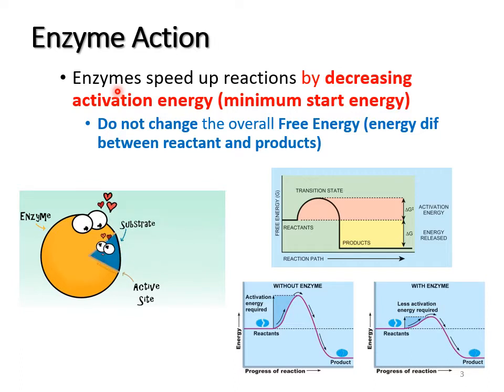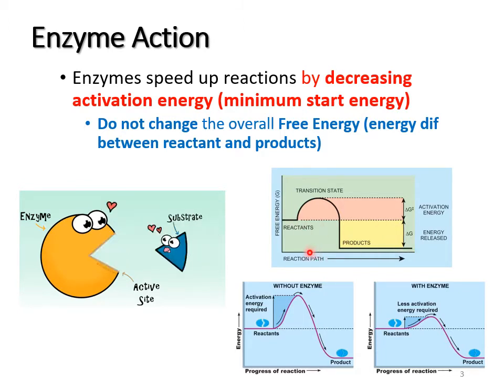Now note that this does not change the overall free energy, which you see as delta G in figures like this one. The free energy is the difference in the energy between reactants and products, okay?